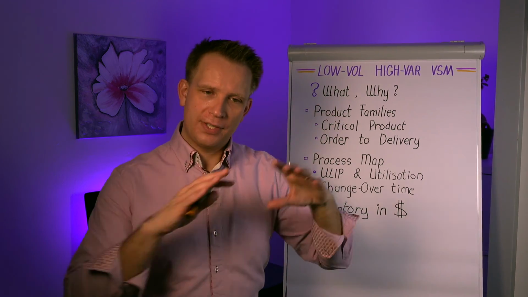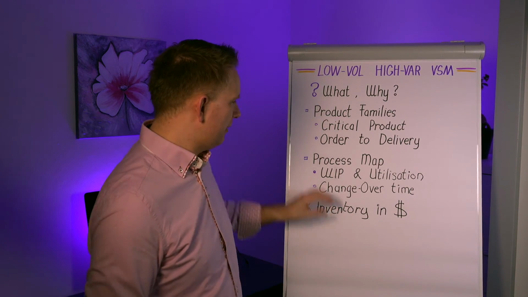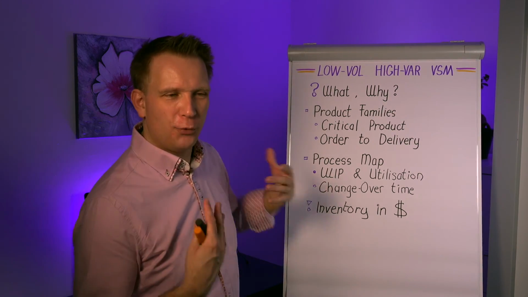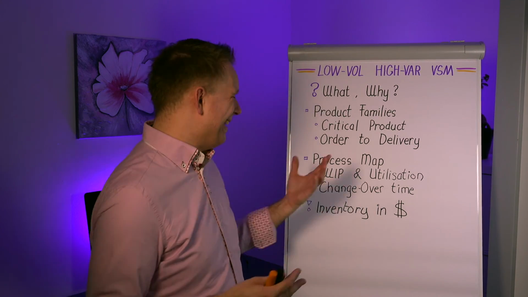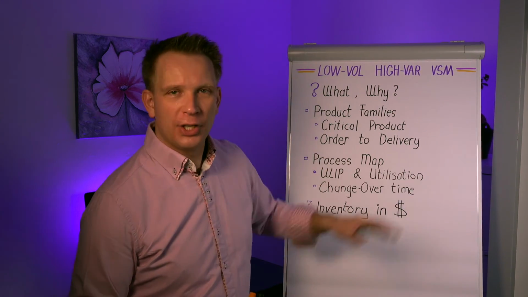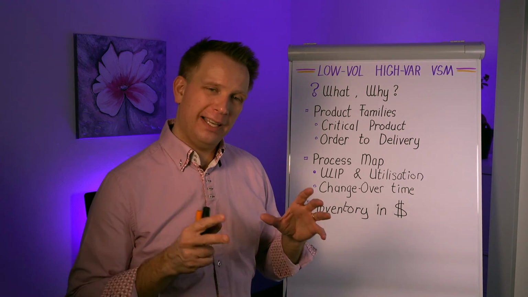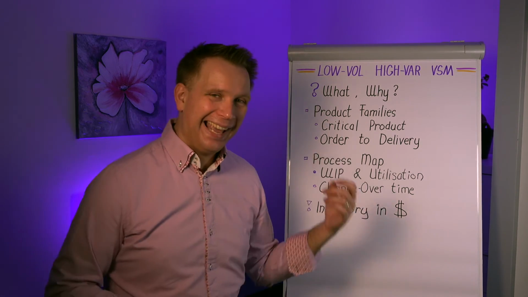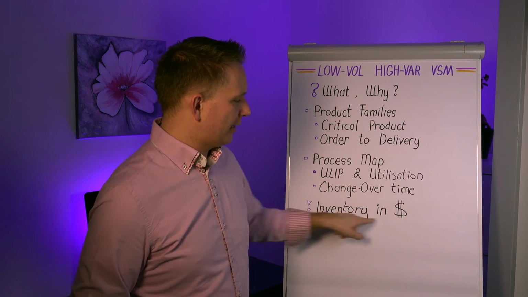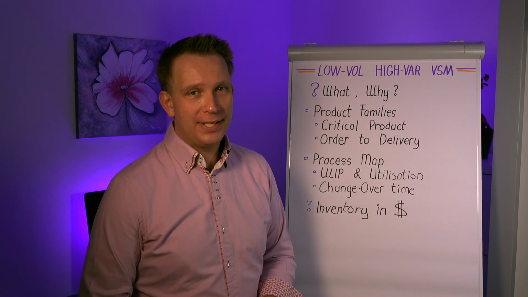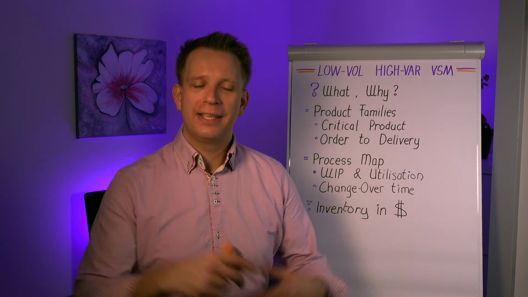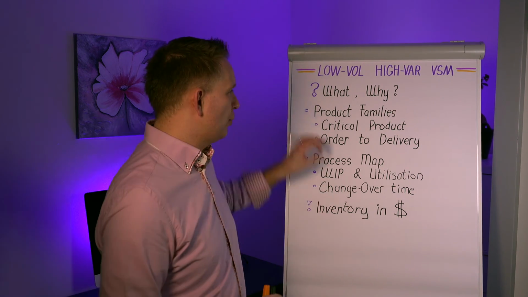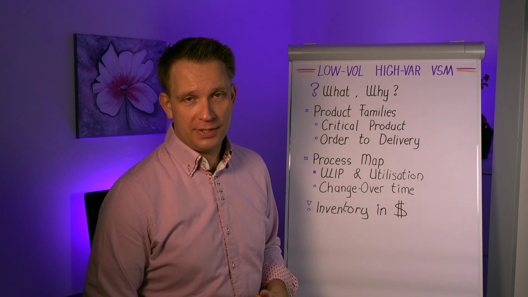When you are more interested in the output of the factory, think more about the process mapping, and then go for utilization and changeover times to identify those bottlenecks. In any case, express your inventory not just in days, but also in money to give a much better comparison when you do a number of product families, for instance.